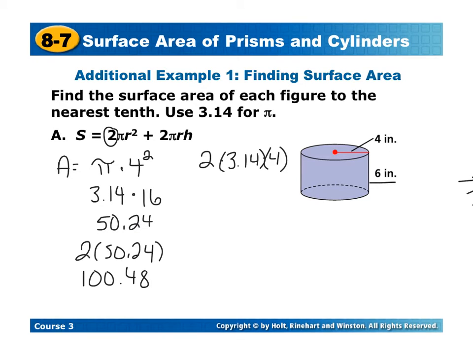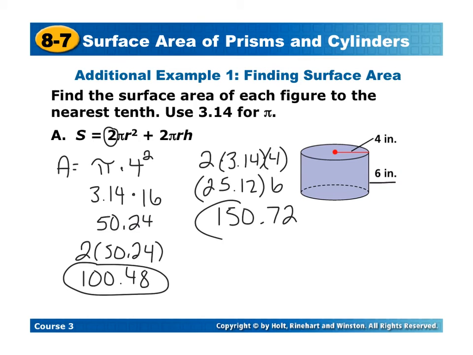I have 2 times 4, which is 8. And so 8 times 3.14, which is 25.12. I'm going to take this and multiply it by 6 for that height, which is 150.72. And now I'm just going to add these two together.